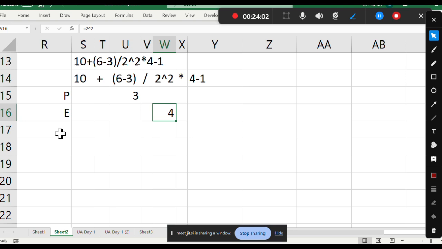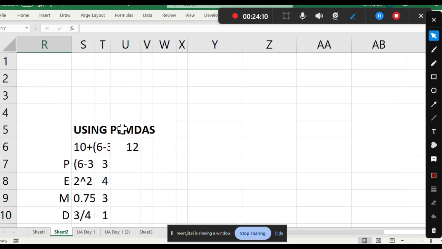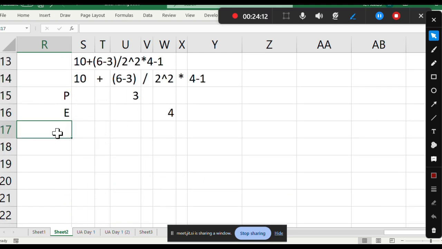So the next one will be division or multiplication. It's supposed to be M, multiplication, but because division comes before multiplication, we'll jump it and go to division.